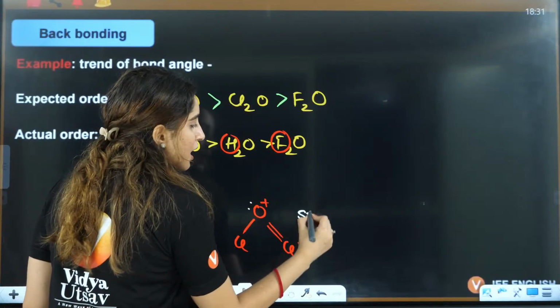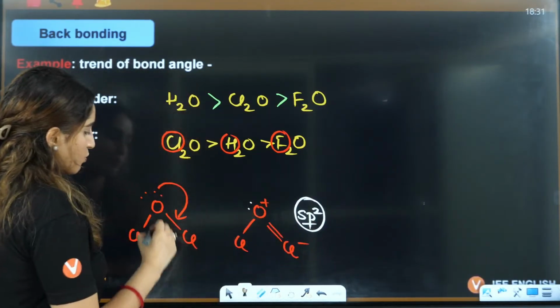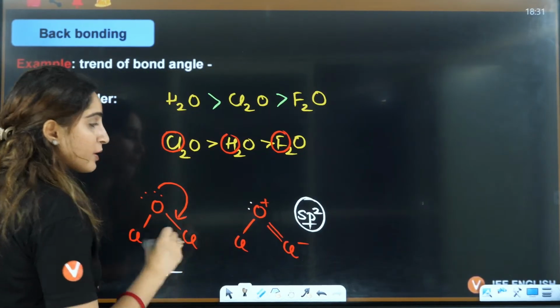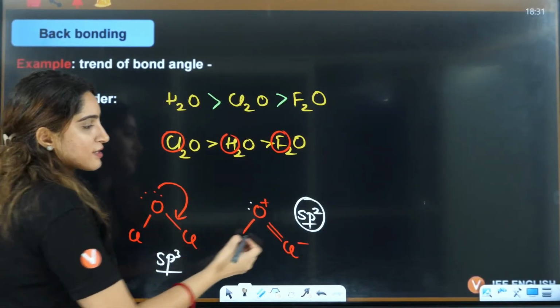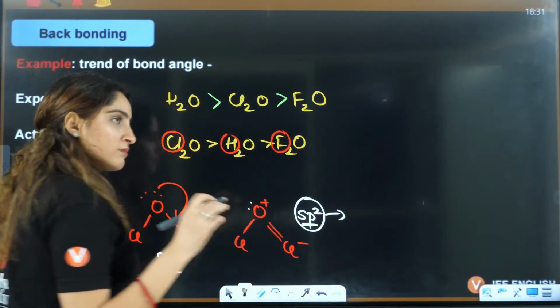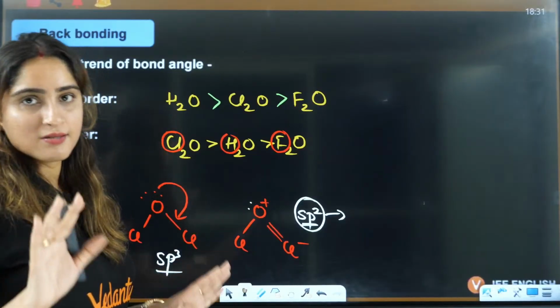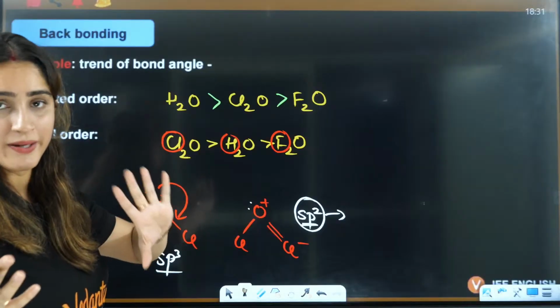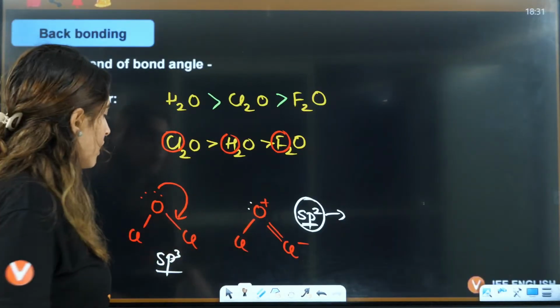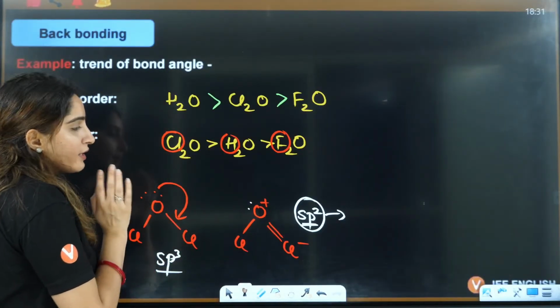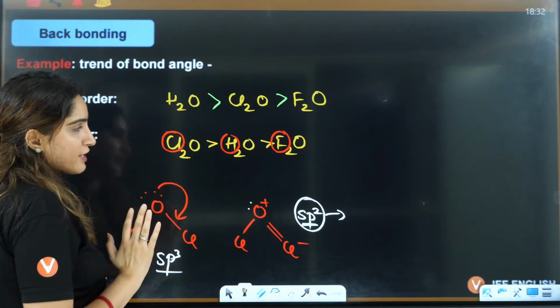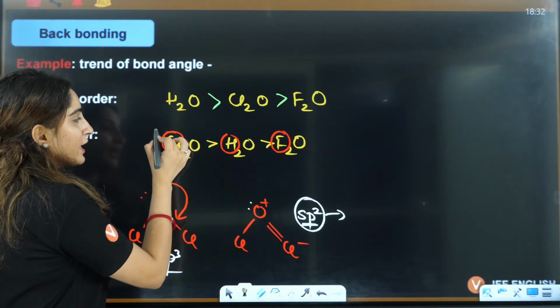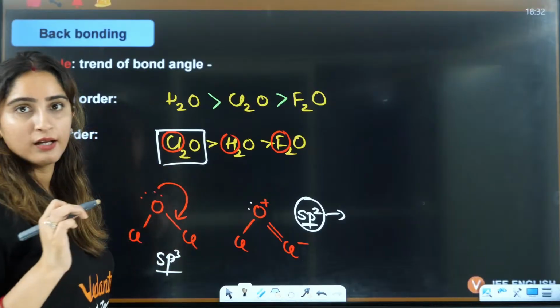It was supposed to be sp3, but because of back donation it is existing in sp2. In back donation, the hybridization fluctuates a little bit, that is why the bond angle changes, right? So when it is donating the electrons, it shifted to sp2. That is why it has the maximum bond angle.